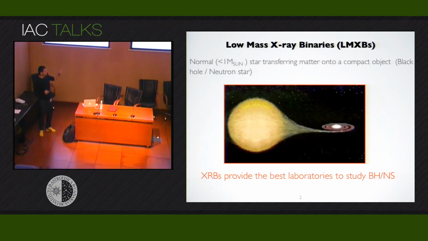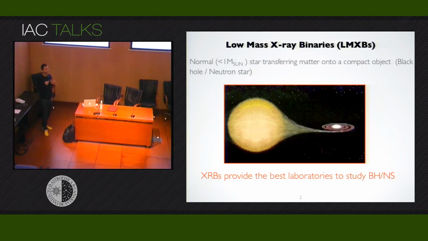So here we say that the mass transfer takes place via an accretion disk, and due to the strong gravitational potential that we have very close to the neutron star and very close to the black hole, and also due to the viscous nature of the disk, the inner parts of this accretion disk become really hot, and these systems can be really strong X-ray sources.